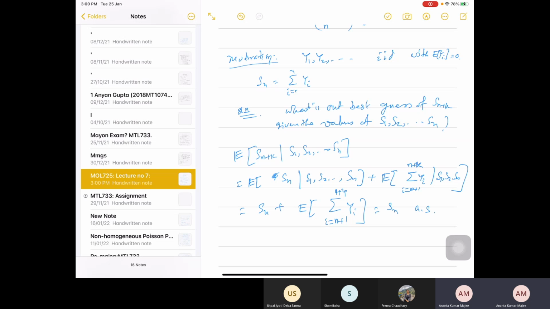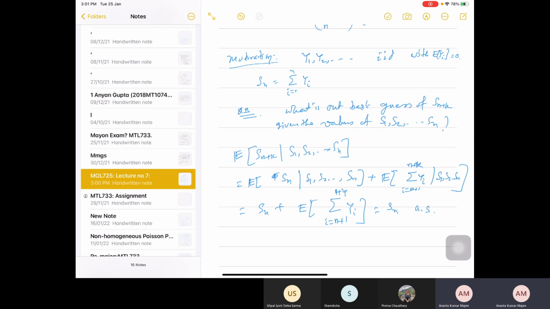So what it says is that the best estimate of the future value S of n plus k, the conditional expectation given the history up to time n, that is the sigma algebra generated by S1, S2 up to S of n, is just S of n. You can interpret Yi as the payoff of a fair game at time i, and Sn as the total winning at time n.